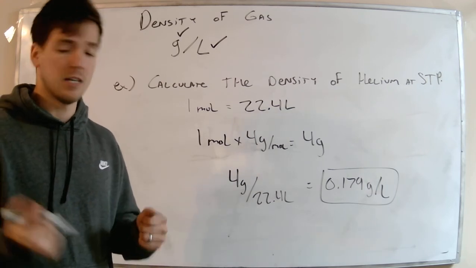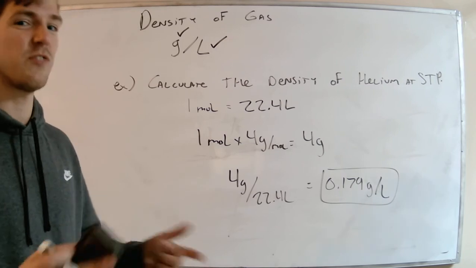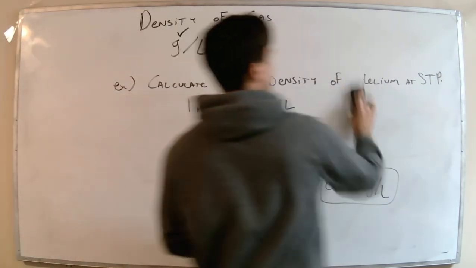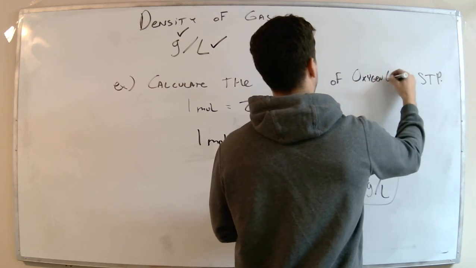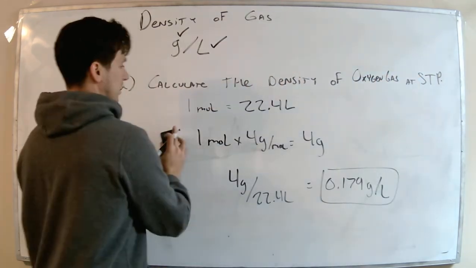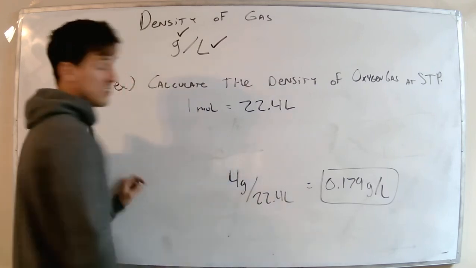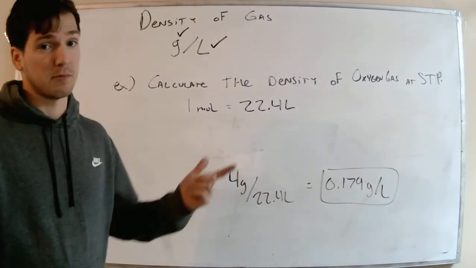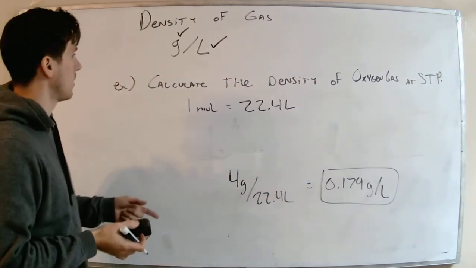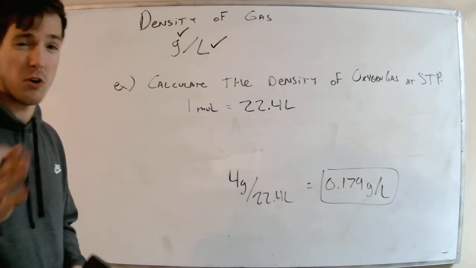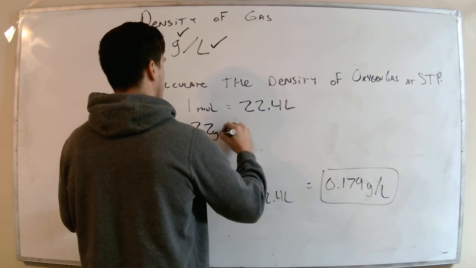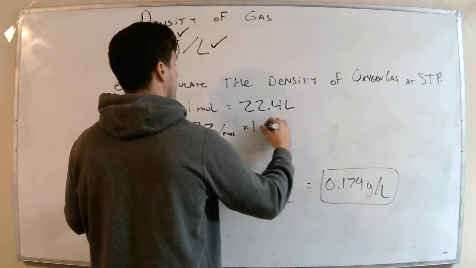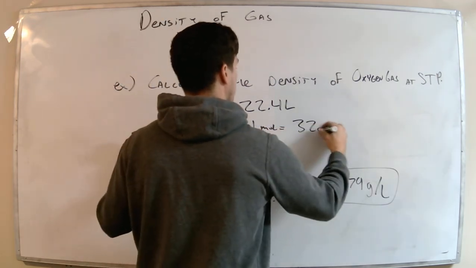All right? Let's just do a little comparison thing here. Let's figure out the density of not helium gas, but let's do oxygen gas at STP. All right? Just to see how they compare, because we know helium floats. So let's just see what happens. Oxygen gas, remember that is O2. So we know the molar mass is 32 grams per mole. We know we have 1 mole of it because it's at STP, so it's just 32 grams.